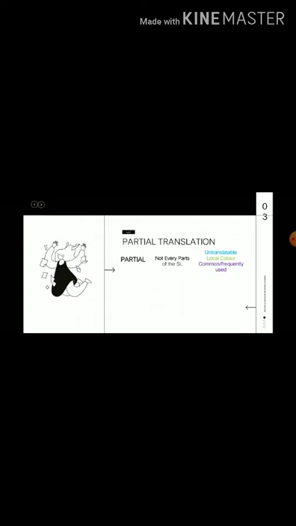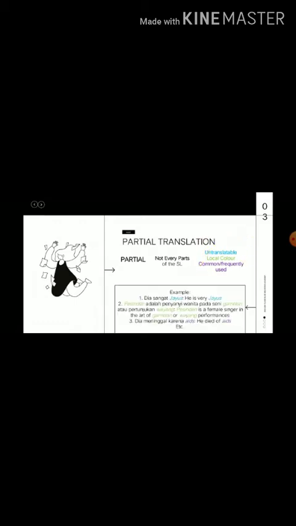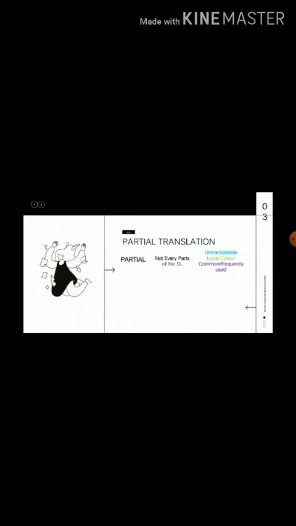There are three kinds of words which the translator cannot change into the target language, into another language. The first is the untranslatable word.